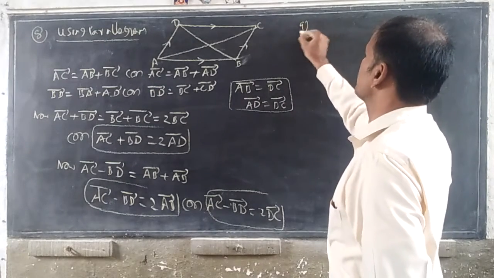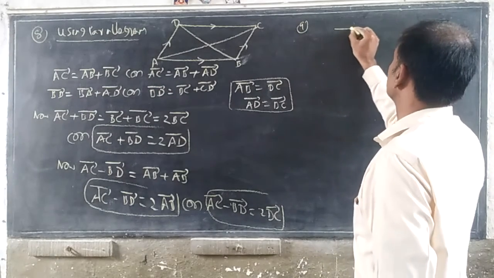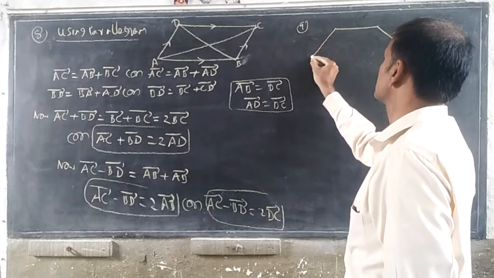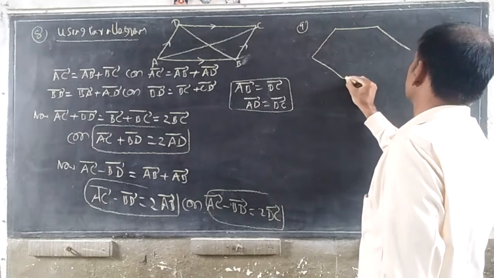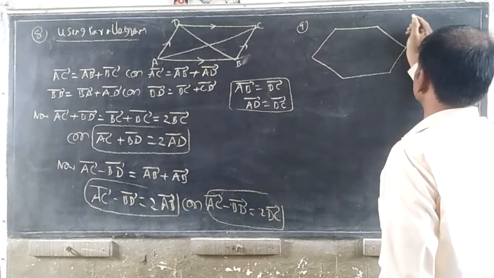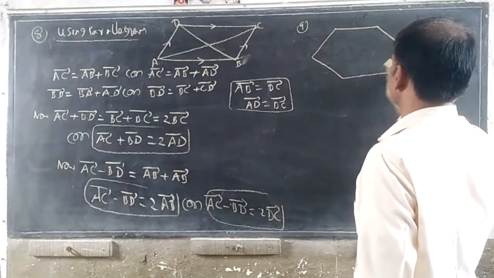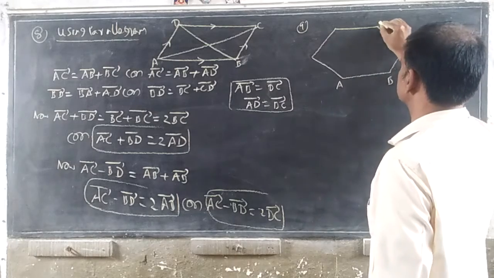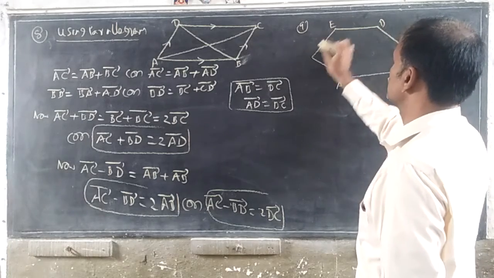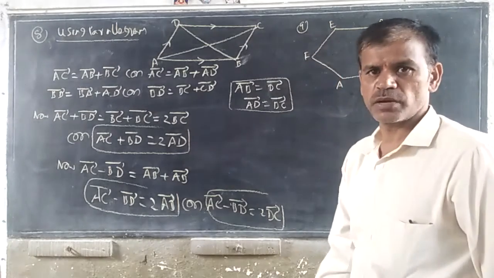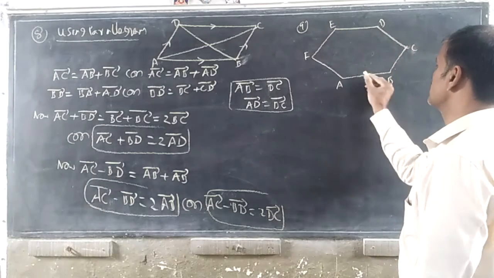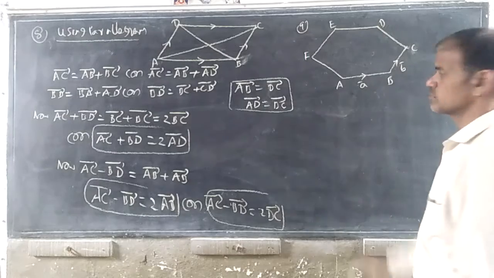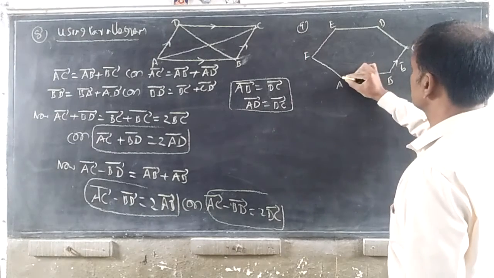Next, ninth formula, using the concept of hexagon. Let us see the regular hexagon concept. If this is A, B, C, D, E, F, the names you can put. If it is A bar and if it is B bar, enough, we can say.